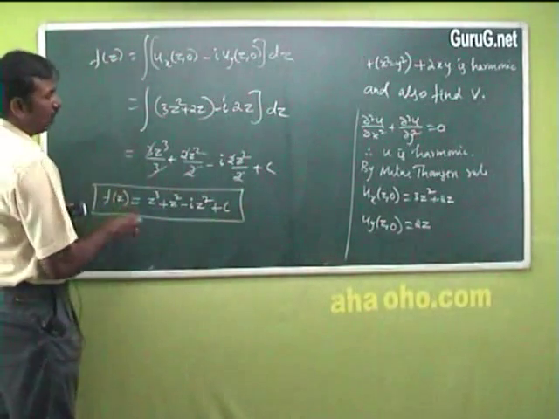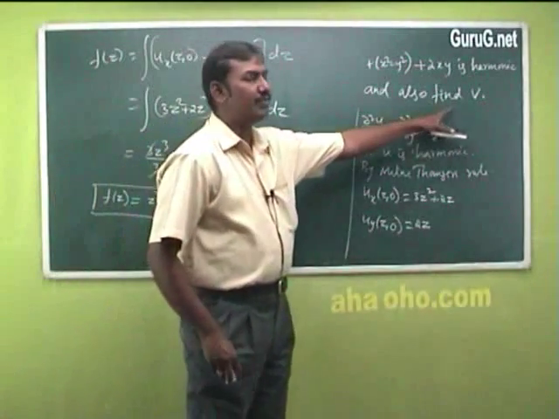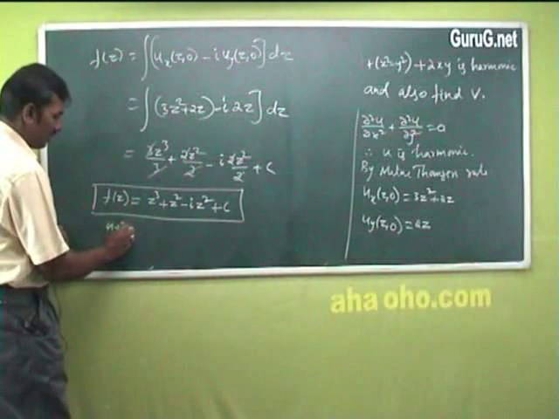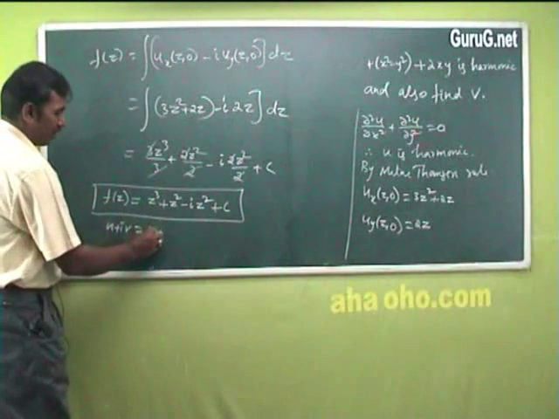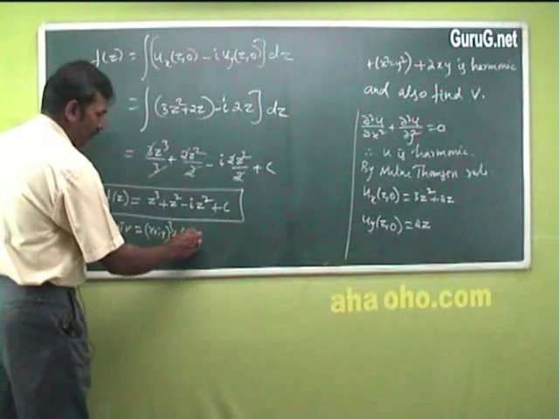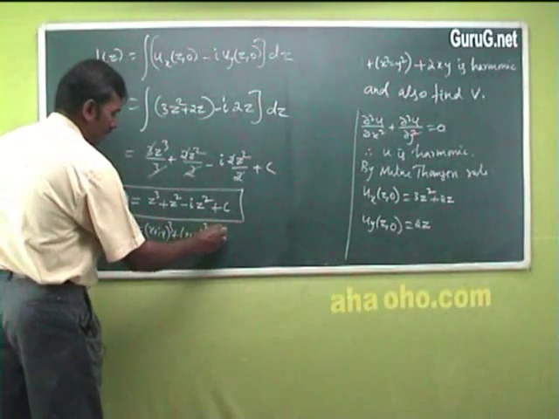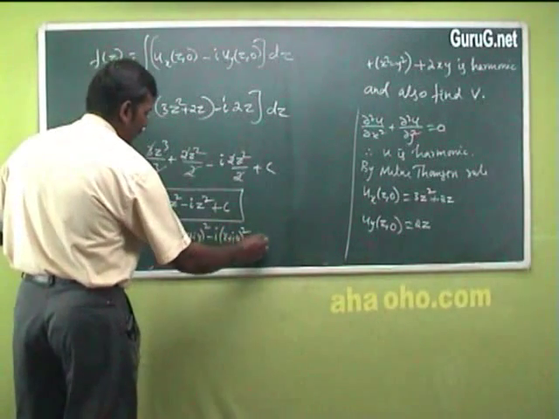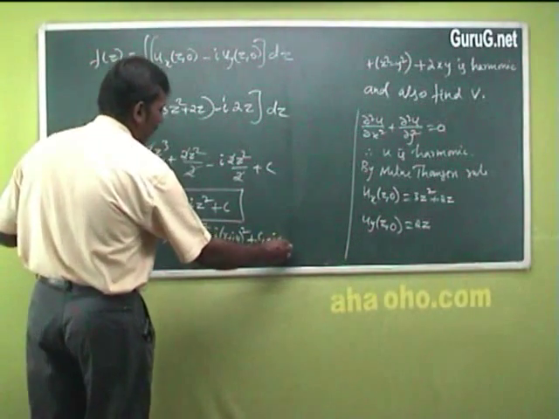Now we have to find the conjugate harmonic, find v. So in this put f of z equal to u plus iv and z is x plus iy. The whole cube plus x plus iy the whole square minus i into x plus iy the whole square plus c1 plus i into c2.